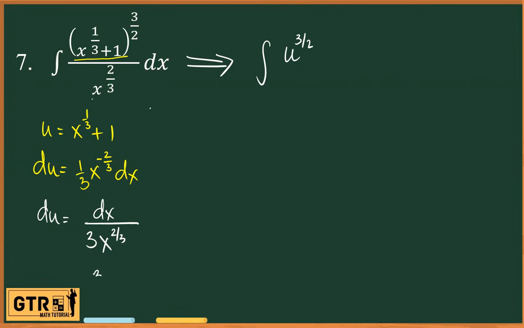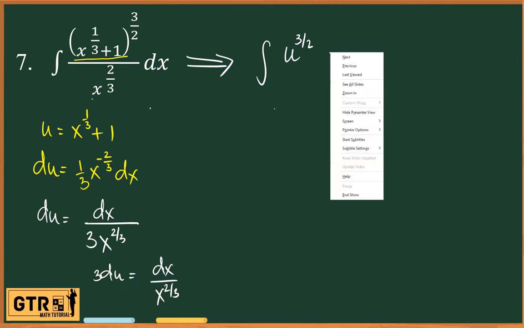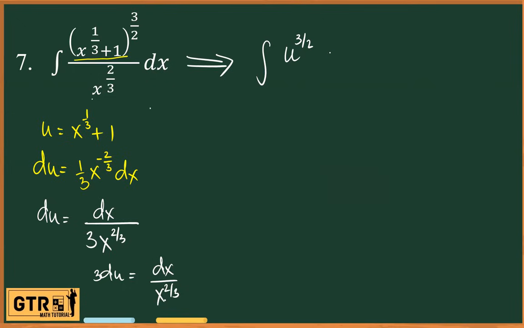Therefore, 3 du is equal to dx over x^(2/3). So it is now equal to 3 times the integral of u^(3/2) du.